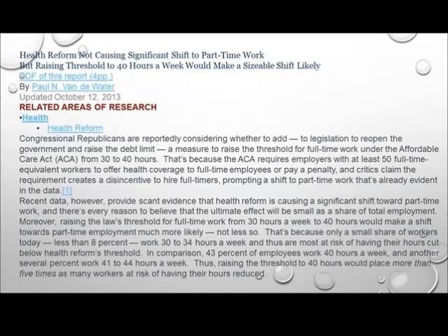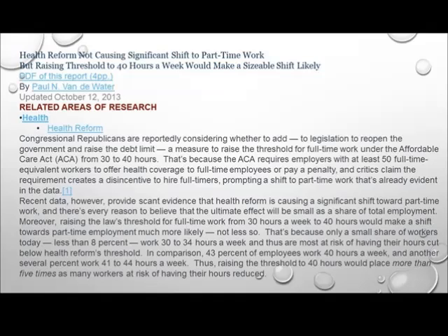If you go to the web and you look up healthcare reform and the shift to part-time workers, you'll see that there's a lot of different opinions, a lot of different research, and a lot of different takes on what's happening with the ACA. But one suggestion is to change the threshold to make full-time workers 30 hours from 40 hours.